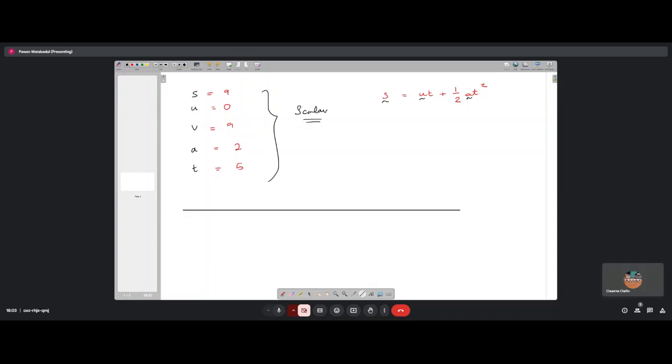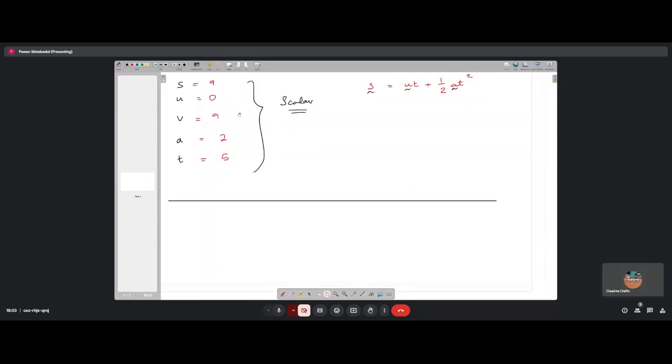So what we can do instead is use the same Suvat equations, but instead of having them equal to numbers, we can have them equal to vectors. I'll give you an example so this makes more sense. You could have s equal to a vector (1, 2). You could have u equal to a vector (0, 0).